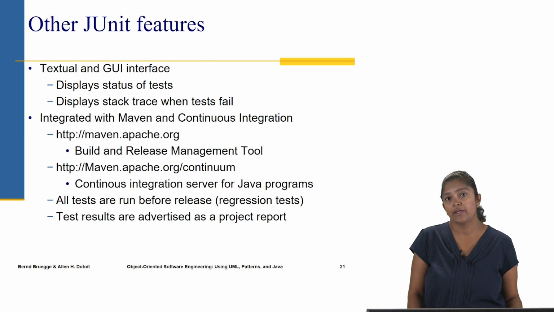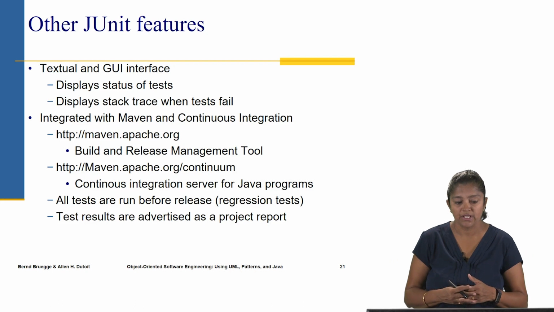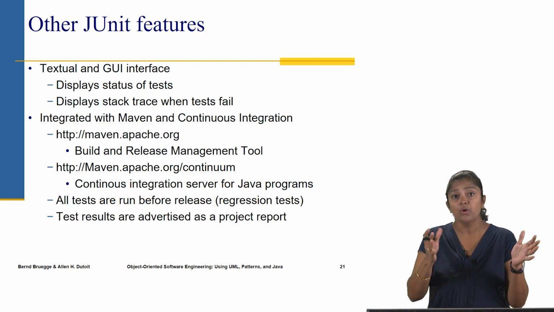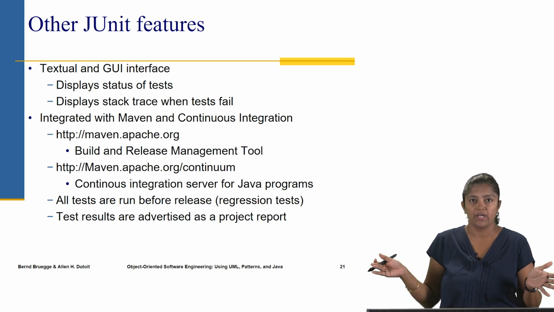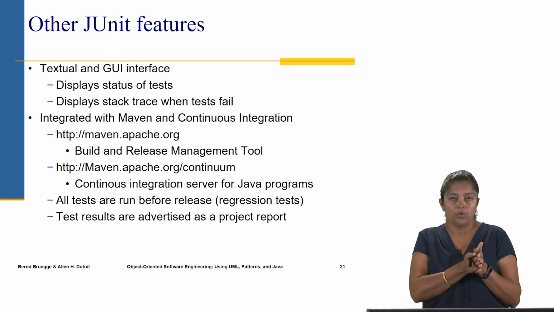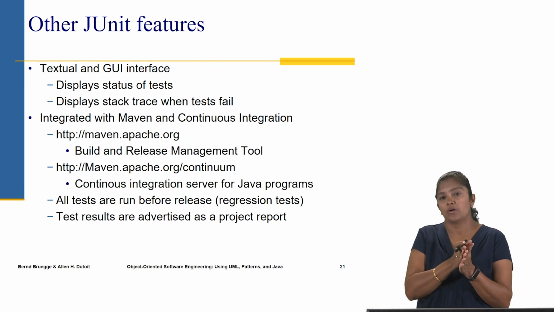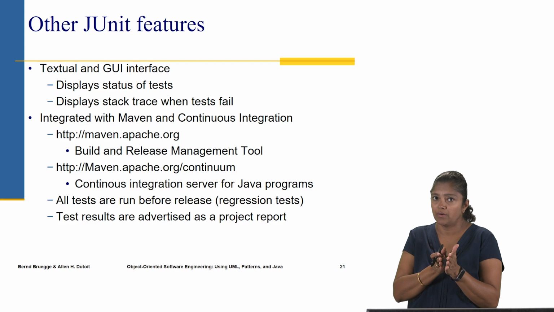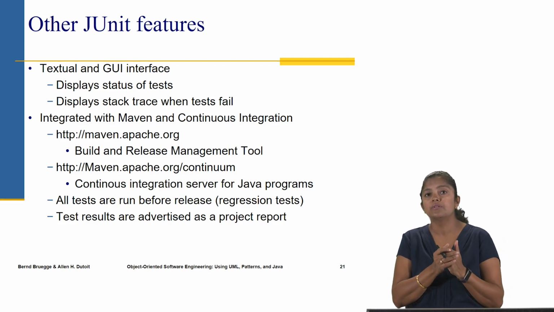It also integrates very well with some of the build tools like Maven, and it's useful for continuous integration, and it's great as a build and release management tool. So continuous integration is where the system is set up in such a way that whenever new code is added, it gets built. When it gets built, automatically all of the tests are executed, and if there are any failures, a report is produced.